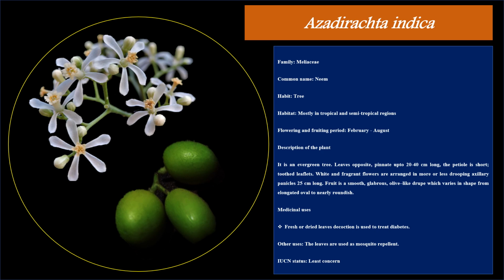If anyone has a pimple problem, they mainly focus on the neem tree. It has some other uses too: the leaves are used as a mosquito repellent. Then comes the IUCN status. The IUCN status is least concern.